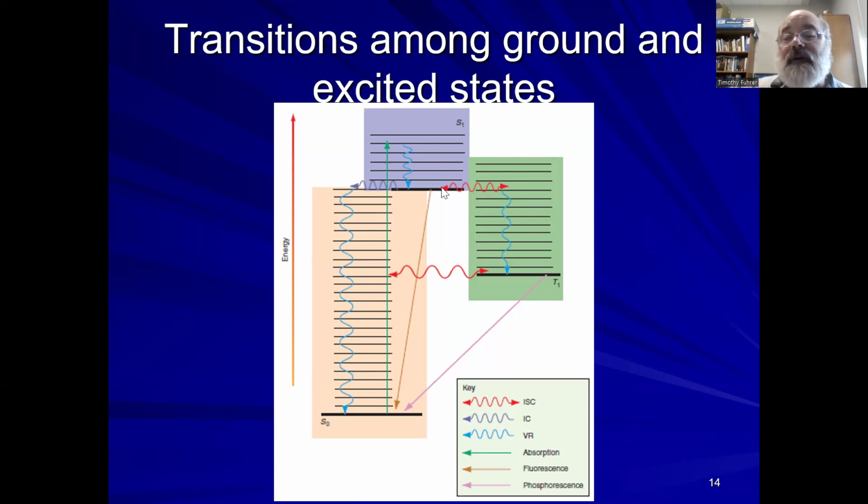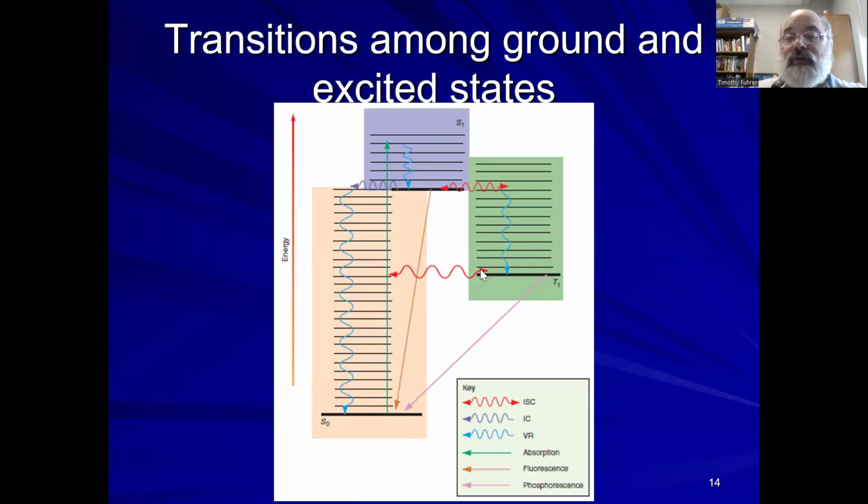So it can jump from the singlet excited state, but ground vibration, to the triplet state excited vibration. And then it can undergo vibrational relaxation, thermal relaxation, down to here. And then the interesting thing is there it's stuck. There's no allowed transition to get back to the ground state.